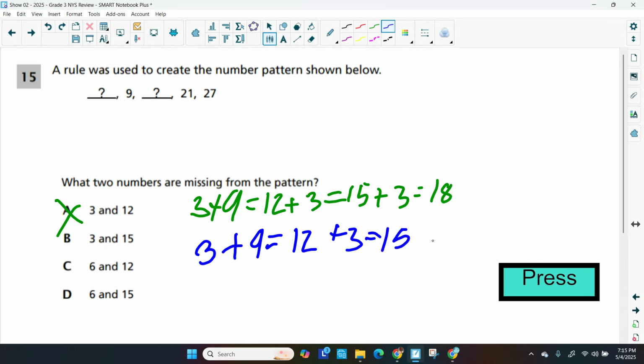But 15 plus 3 is 18, and 18 plus 3 is 21. So then 15 plus 3 equals 18. 18 plus 3 equals 21.